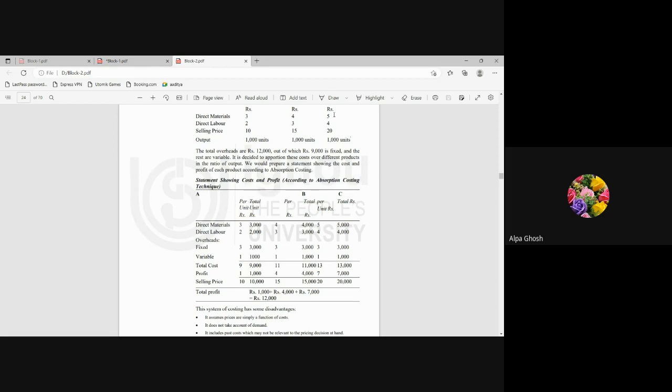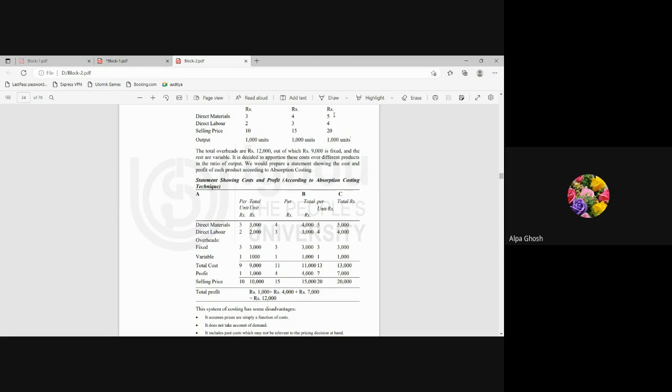So 9,000 divided by 3 units gives per unit 3,000. And the balance 3,000 divided by 3 units gives per unit 1,000. So you can see fixed overhead 3,000 and variable 1,000 for each. When you add them, you get the total cost. Total cost 3 plus 2 plus 3 plus 1 is 9,000.